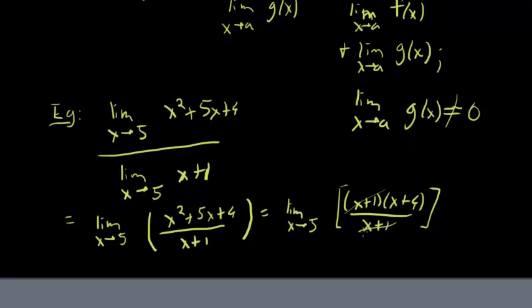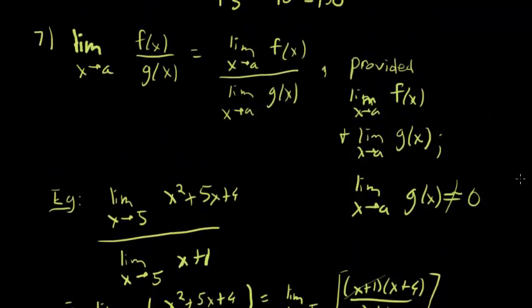Even if we were looking at values of x close to negative 1, it still wouldn't be an issue because we're not looking at negative 1 itself. So this is equivalent to the limit as x tends to 5 of x plus 4, and that's just 5 plus 4 is 9.